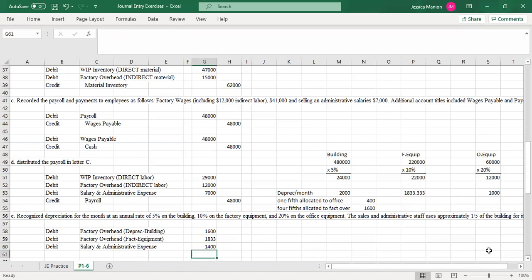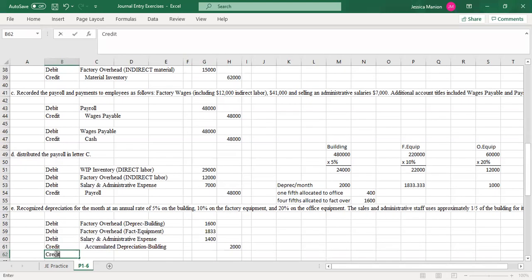Okay. And then we're going to credit accumulated depreciation for each of these three assets. So credit accumulated depreciation on the building, 2,000. Credit, oh, I thought it would pop up, but I guess not.